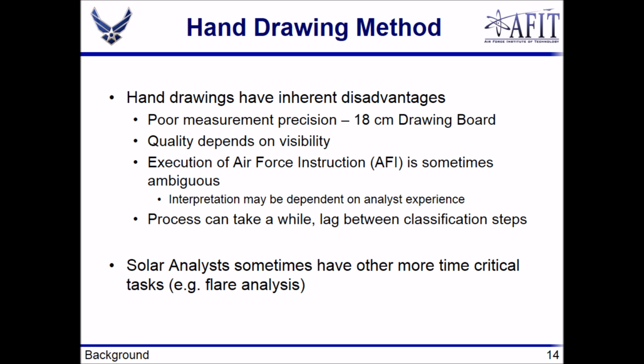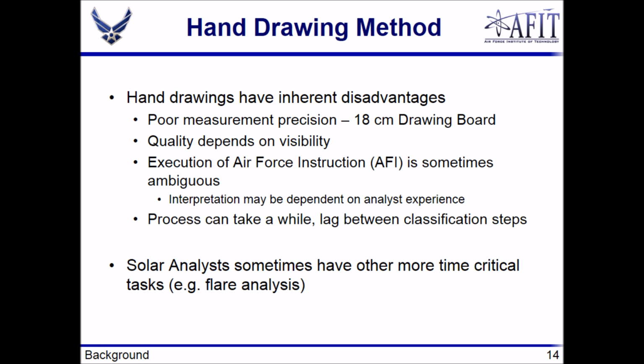Okay, so on slide 14, I want to highlight some inherent disadvantages with the hand drawing method used at our observatories. There's poor measurement precision associated with the drawing process. We're using an 18-centimeter drawing board, so it's a pretty small projection of the sun. A lot of times the quality of the drawing can depend on the visibility for that day.